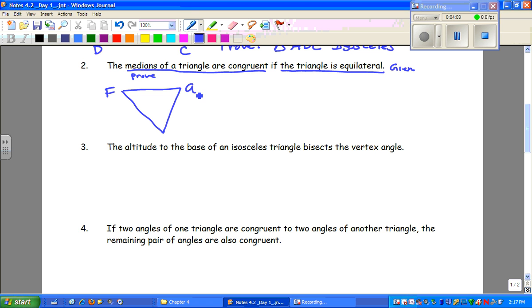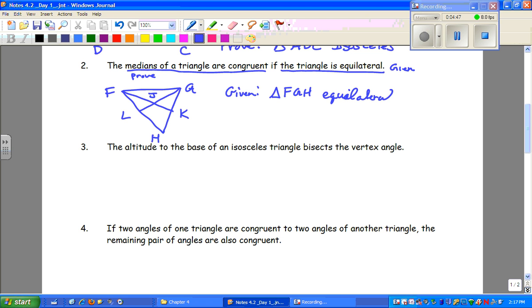We got F, G, H is my triangle. Make it up, have fun with it. L is here, K is here. Call this point J. What do we have here? We have a triangle, given. Triangle FGH is equilateral. What does that mean?